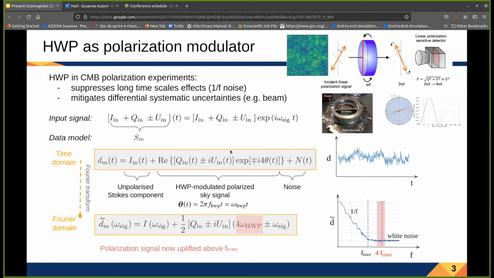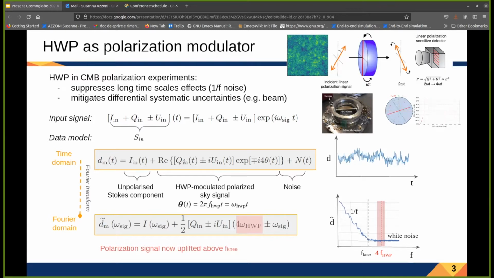And if we Fourier transform the equation for the time-ordered data, written in time domain, and we go into Fourier domain, then we can have some intuition of what is actually happening. So if we have a single Fourier mode sky signal composed of the Stokes parameters, and we plug that into the equation for the TOD, and then Fourier transform this, we see the polarized sky signal, Q and U, is moved from a frequency omega of the signal to frequencies 4 times the omega of the half-wave plate plus the omega of the signal.